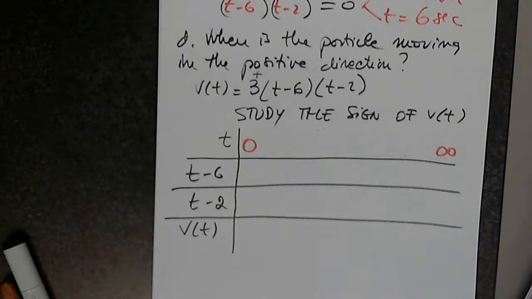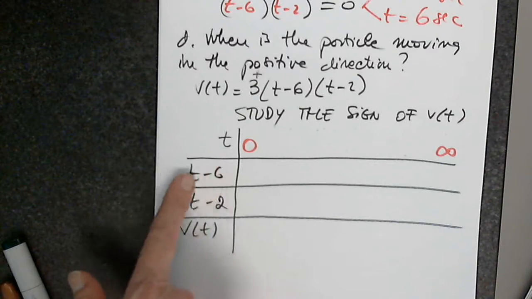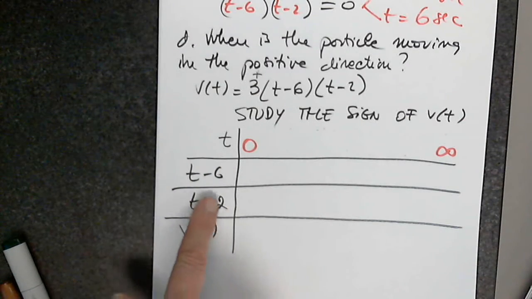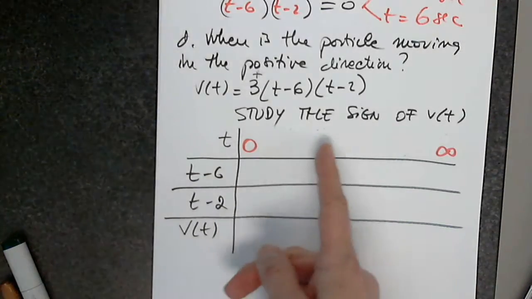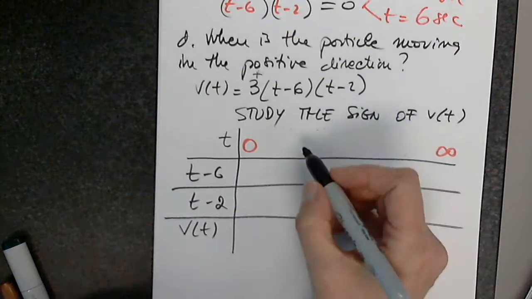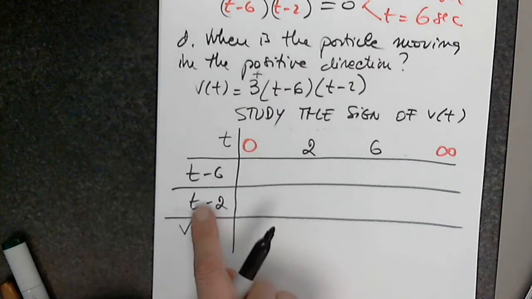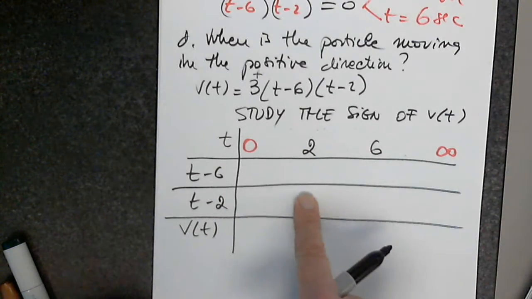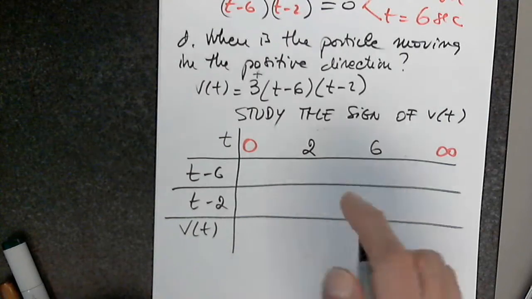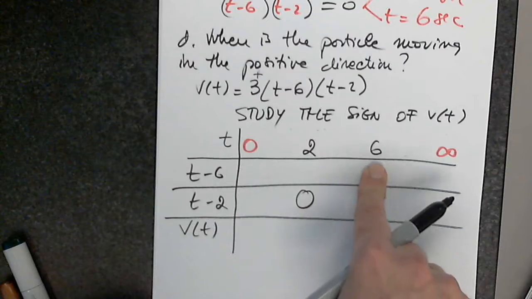In the chart, in the values of t, I have to put the value that makes this 0, and the value that makes this 0. Nothing else. I don't care for anything else. So what do I put in here? Yes, but in order, from left to right. So 2 and 6. In 2, in this row, under 2, what do I write? 0. In this row, under 6, what do I write?